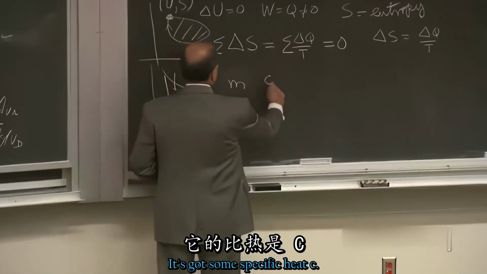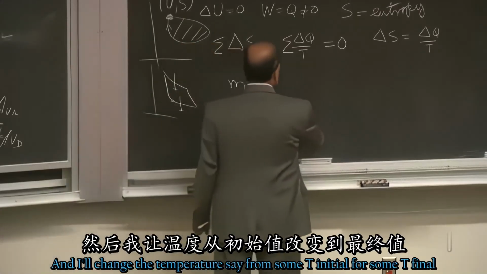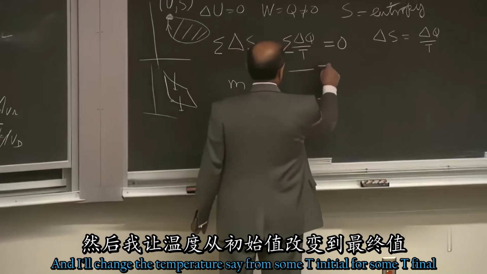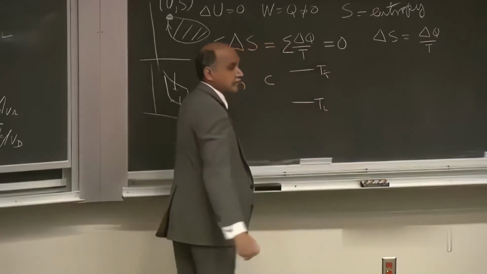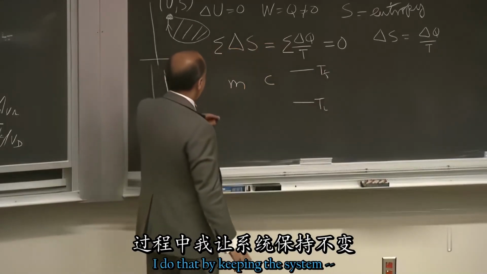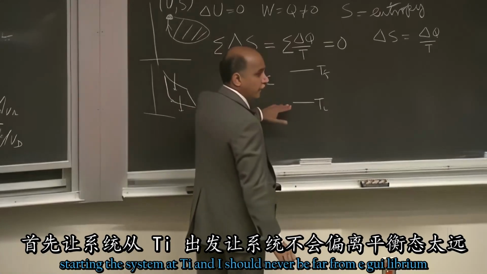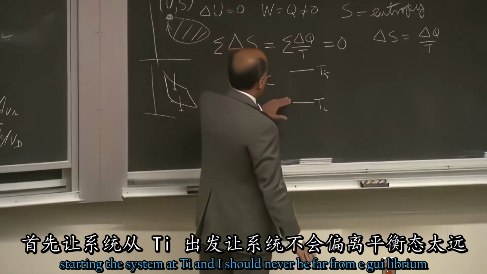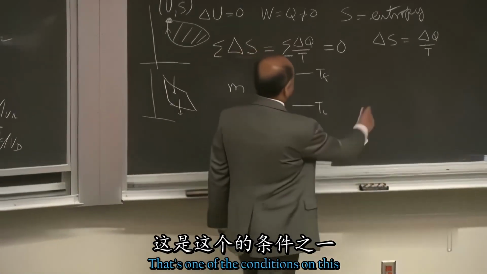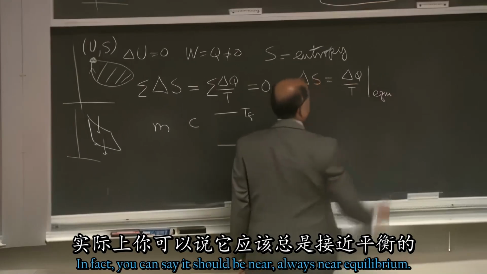It's got some specific heat, C. And I change the temperature, say, from some T initial to some T final. I do that by starting the system at Ti, and I should never be far from equilibrium. That's one of the conditions on this. In fact, you can say it should be always near equilibrium.